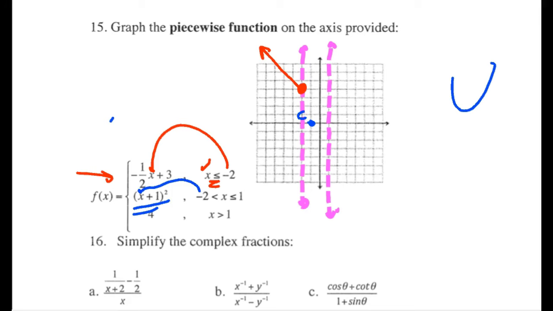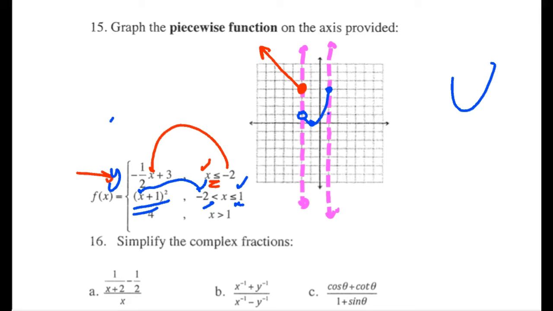That's going to be open, though, because of this. And then I plug in a 1, add 1 squared, and I get a 4. So at 1, 4, I will have a closed dot, again, because of this, and that's where I swoop down and hit that vertex. So you've got to be very careful with those parabolas that you make sure you hit the vertex. What I get a lot of times is people put in this, and then just connect them however they want. That vertex needs to get hit.